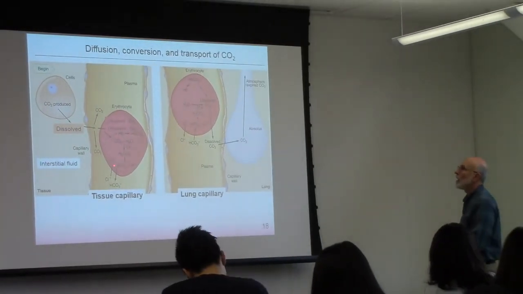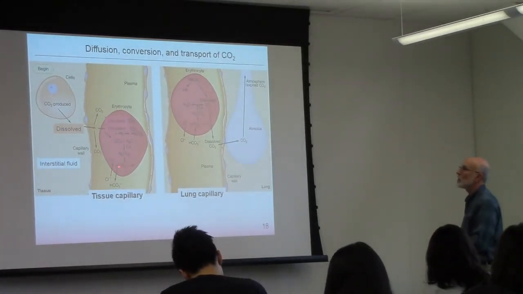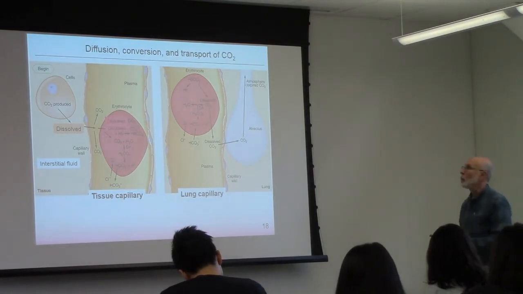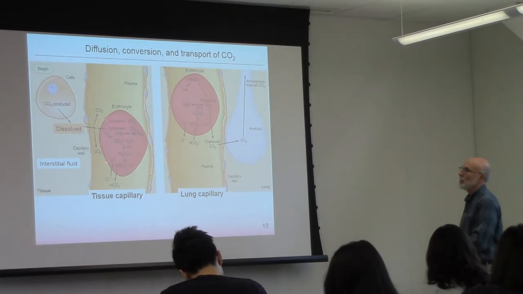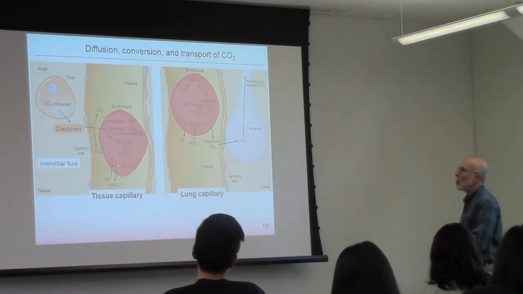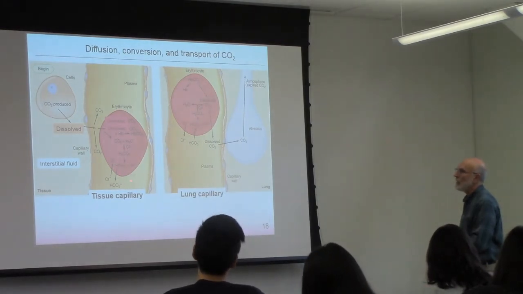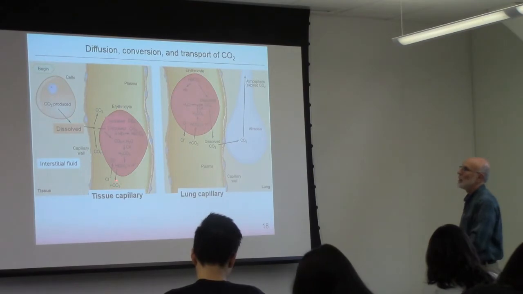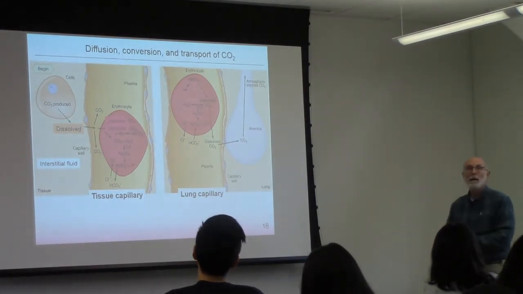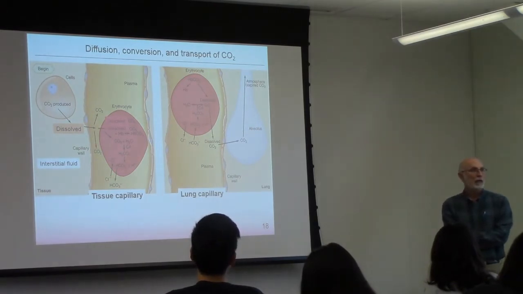That bicarbonate ion is a substrate for the chloride bicarbonate exchanger. There's plenty of chloride on both sides of this membrane, so bicarbonate can get out of the red blood cell and be a solute in the plasma because of the chloride bicarbonate exchanger.